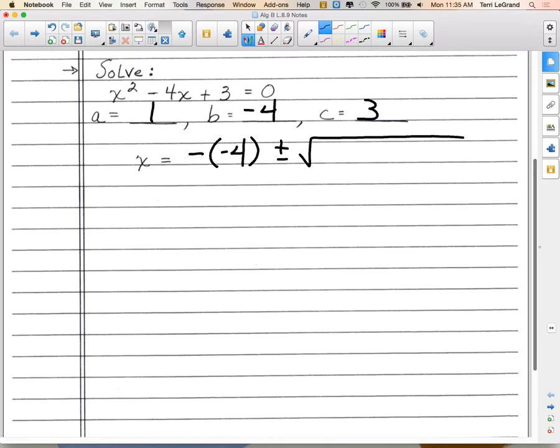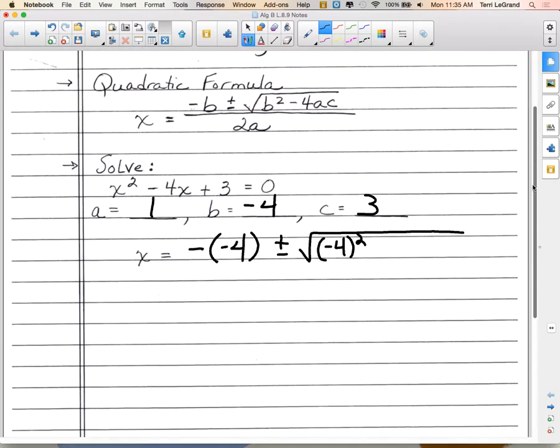And then under my radical sign, which is going to be a huge one, because you know how much it took you to do the discriminant, we have to do the discriminant now, which is b squared. So -4 has to get squared, and we're going to put that in parentheses. And then guess what else I'm going to do?